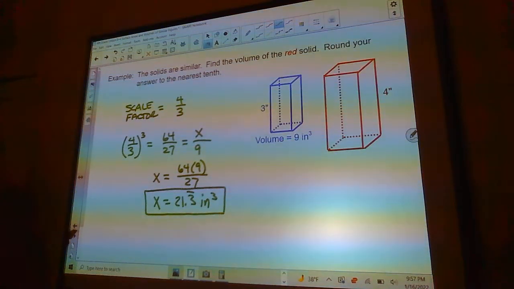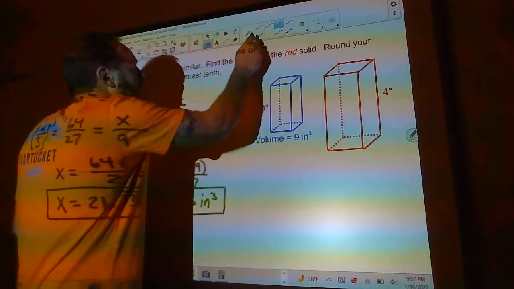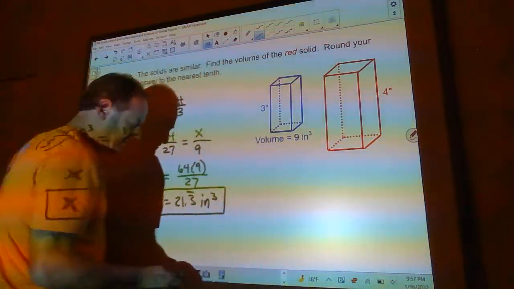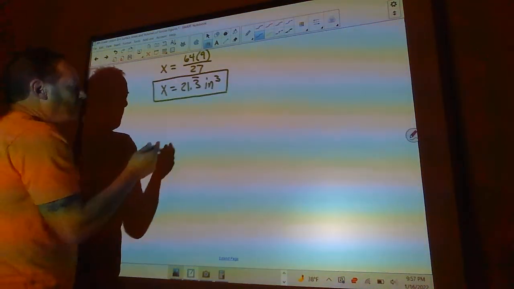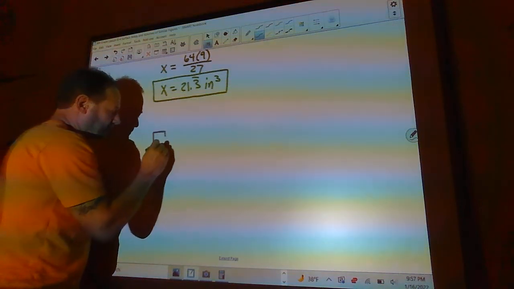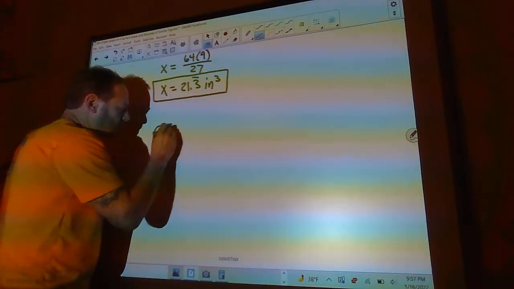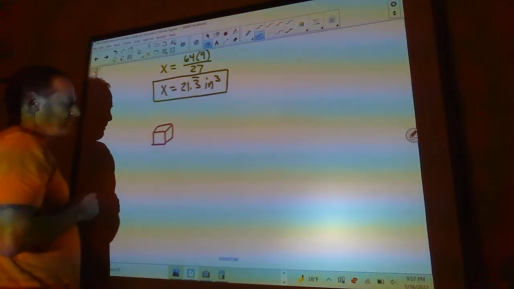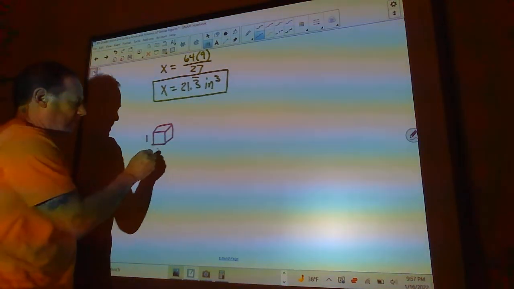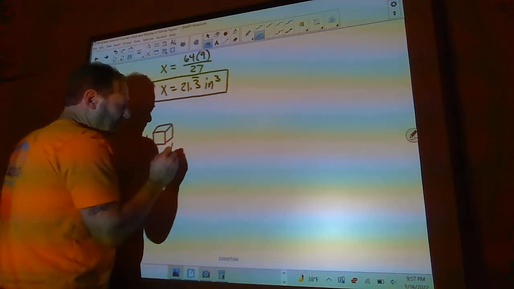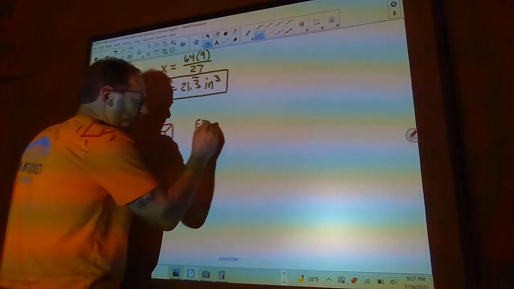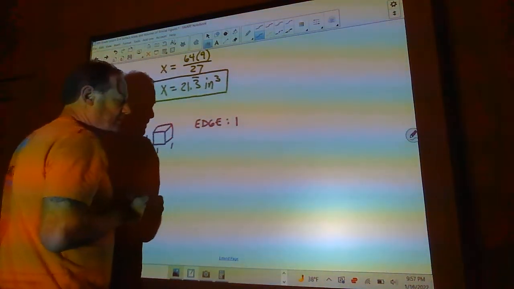Okay, let's kind of look at why this happens here. Real quick, kind of an aside. You know, why does it get so much bigger with volume? Here's the thing. Let's say I got 1 cubic block here. It's 1 by 1 by 1. So its edge is 1.